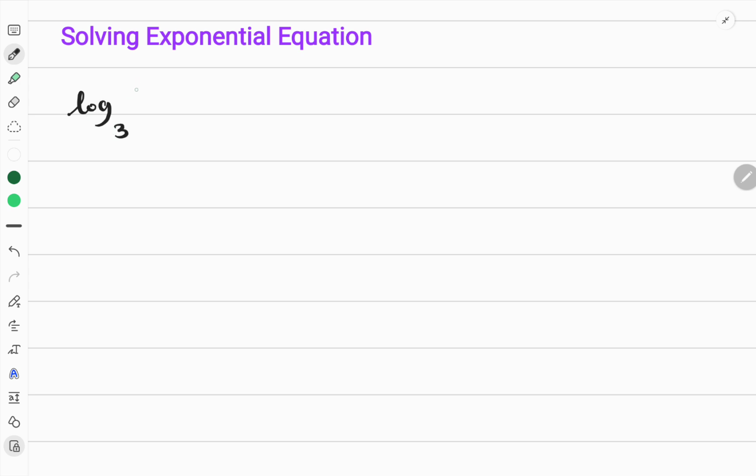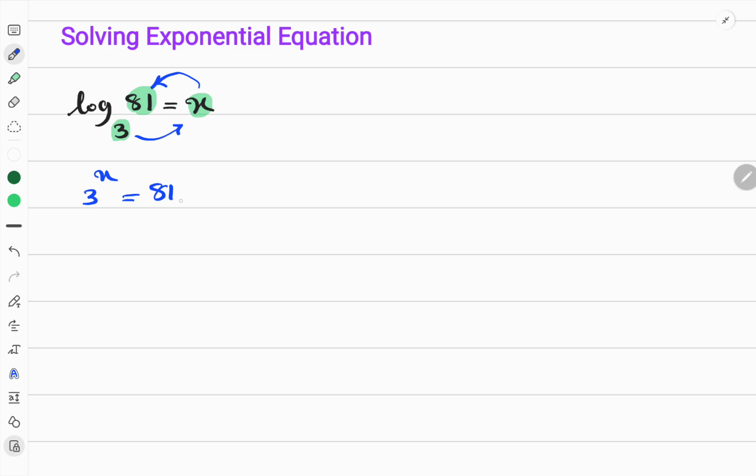Log base 3 of 81 equals x. So the base is 3, this is x, and this is the argument. We know that by the rule, 3 to the power of x equals 81.